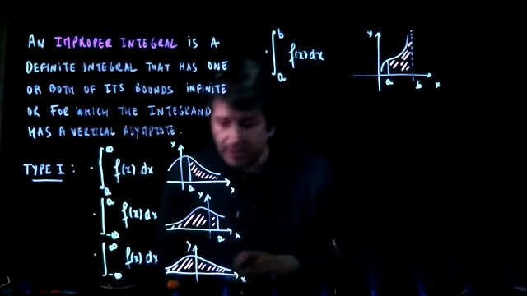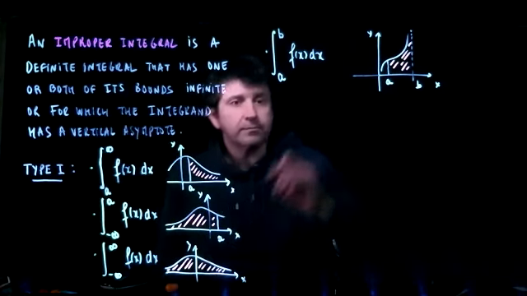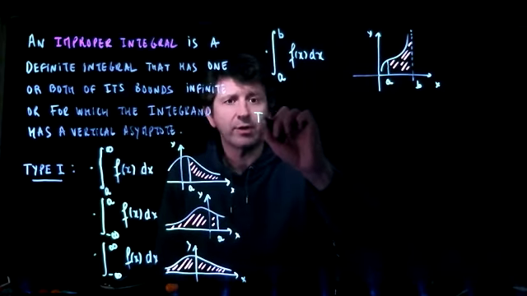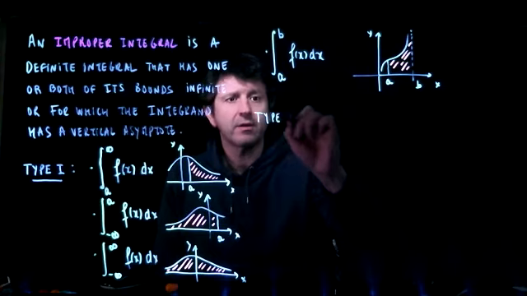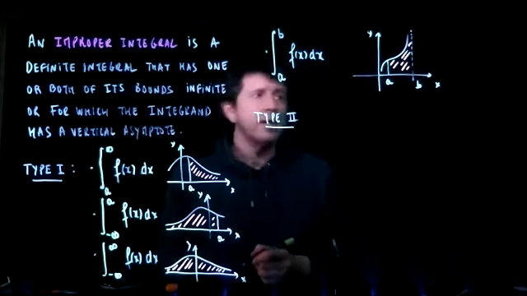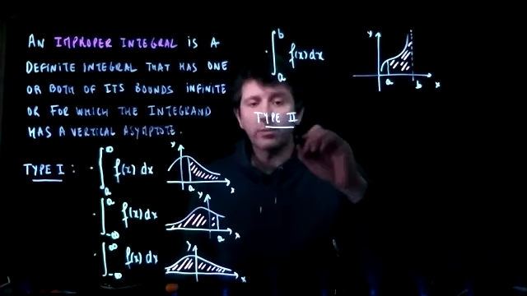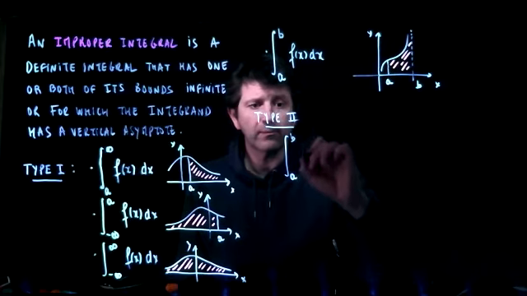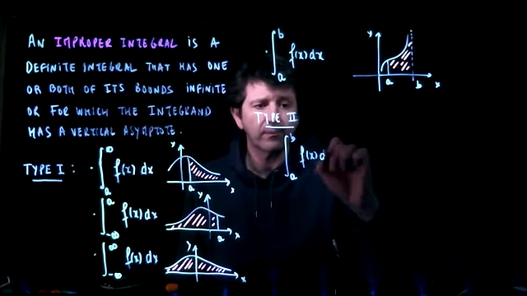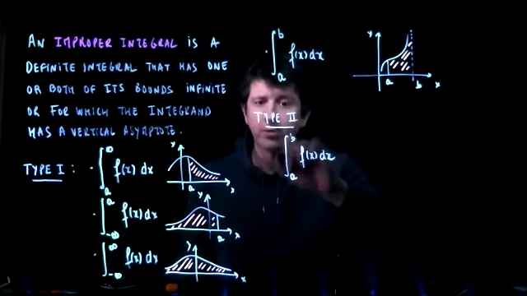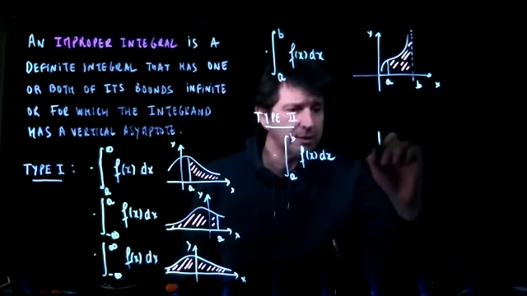Okay, type 2, and then we're going to start solving some of them. Okay, we're going to start to evaluate. Type 2, okay, is when there's no problem at the bounds. Okay, but somewhere in between there's a problem. Okay, so for example like this.